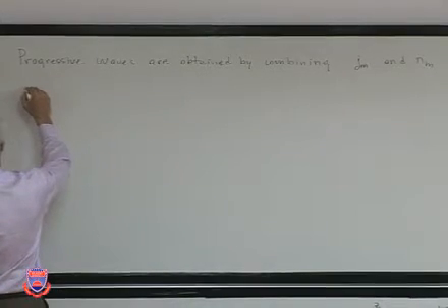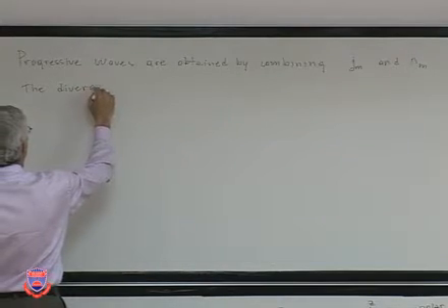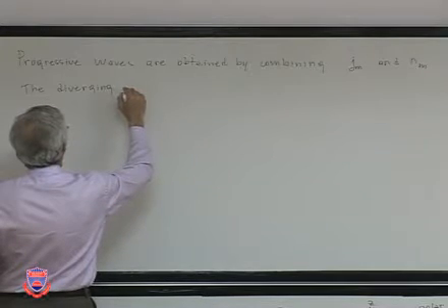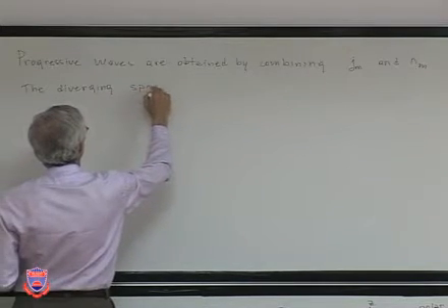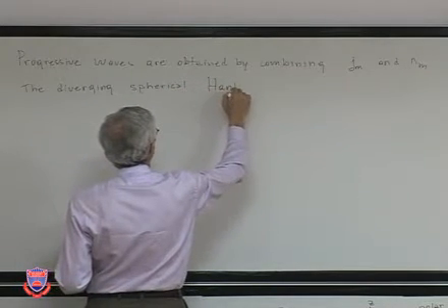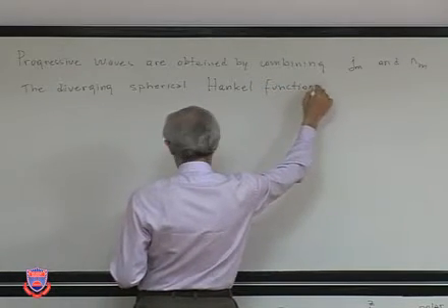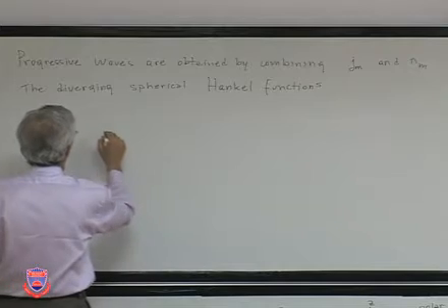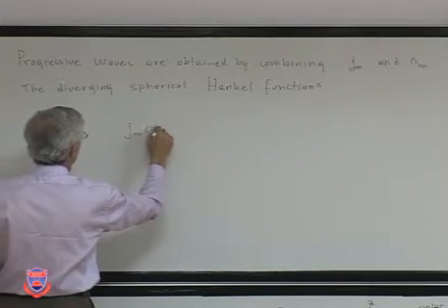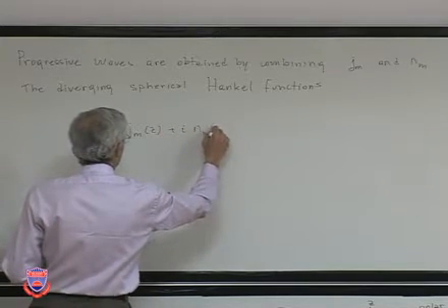So diverging spherical Hankel functions are obtained by combining Jm and the Neumann function.